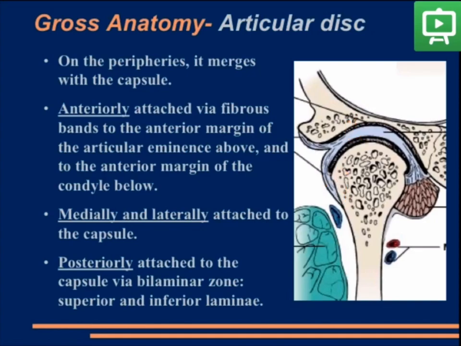Medially and laterally, as we said, it is attached to the capsule. Posteriorly, it is also attached to the capsule by a bilaminar zone composed of a retrodiscal lamina called the superior and inferior lamina.